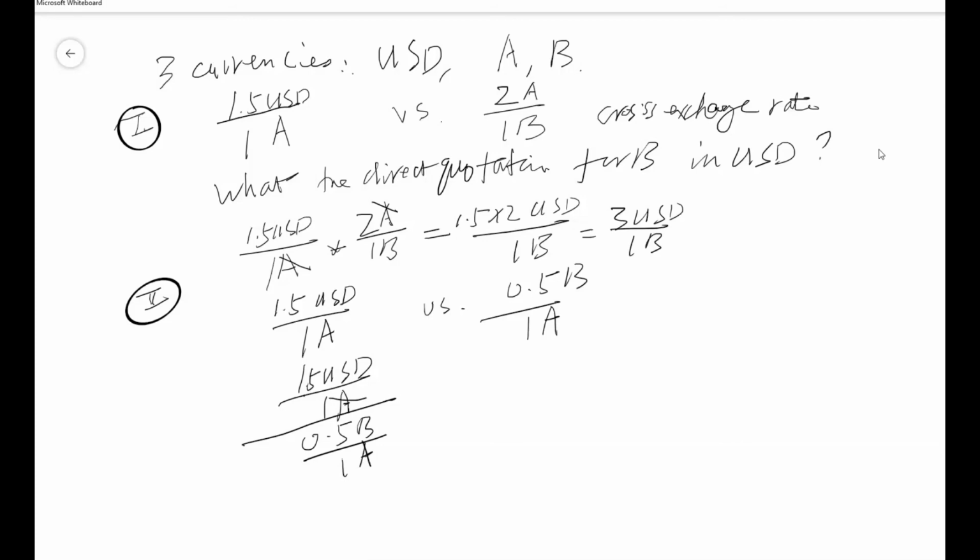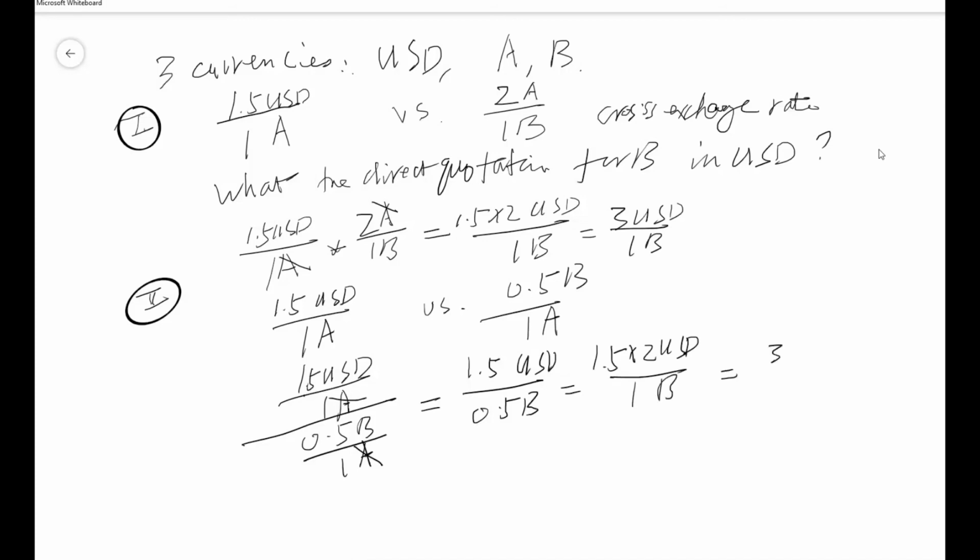Again the 1A cancels, so it is 1.5 USD divided by 0.5B. We multiply both by 2, so 1.5 times 2 USD, and 0.5 times 2 is 1B.